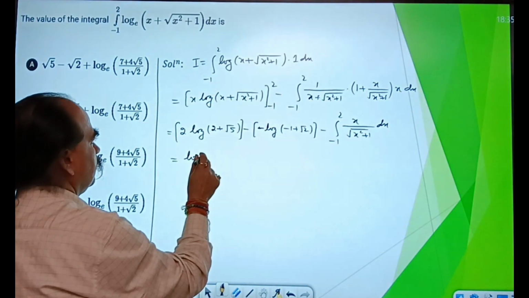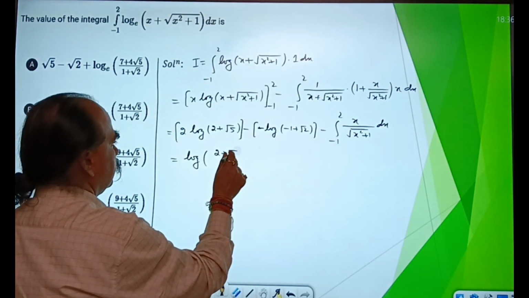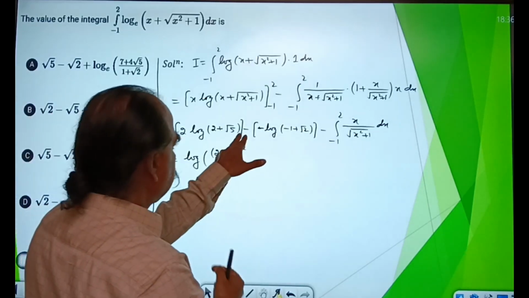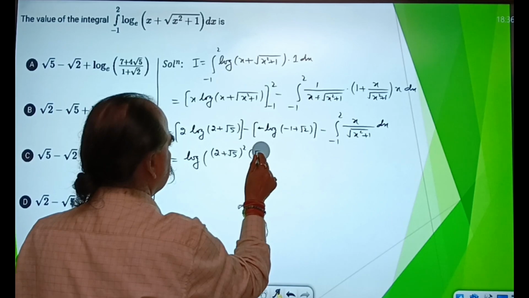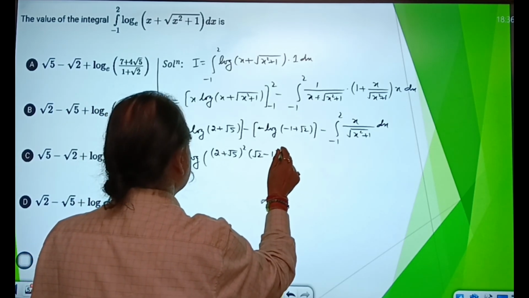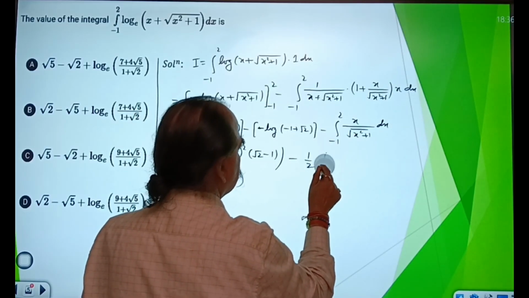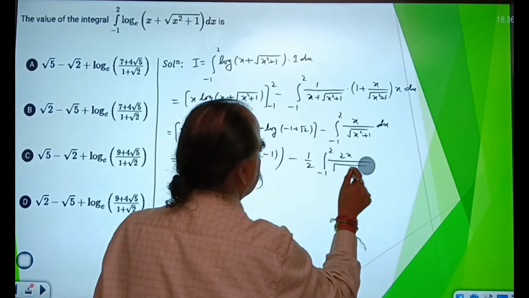Log of 2 plus root 5 square, and this will become plus. Plus means we need to multiply root 2 minus 1. Log root 2 minus 1 will multiply. And here we will multiply, divided by 2x upon root.